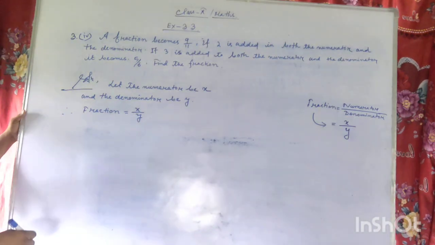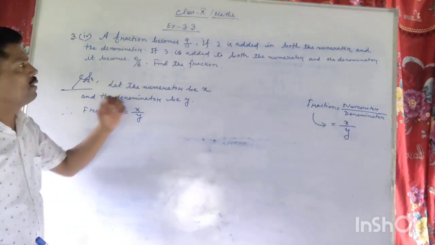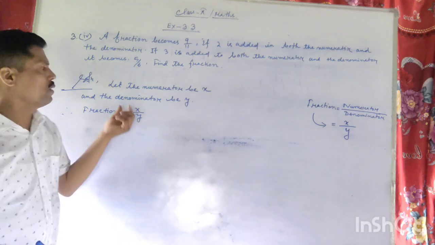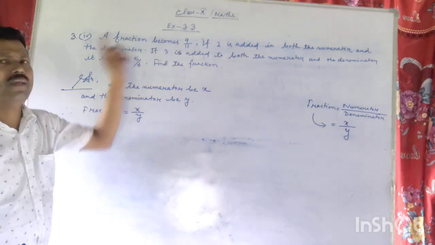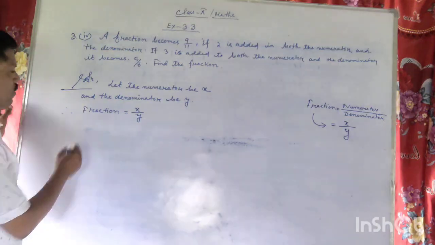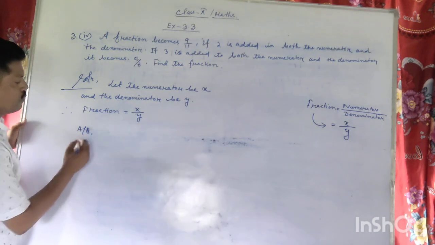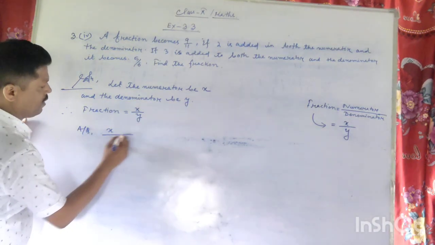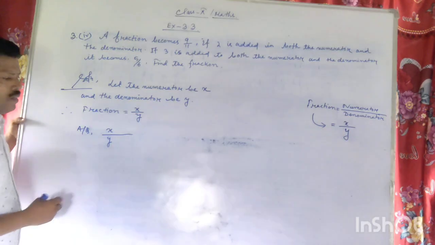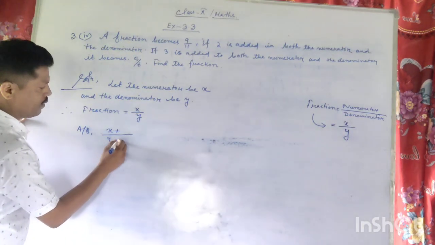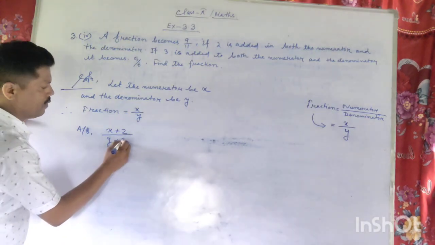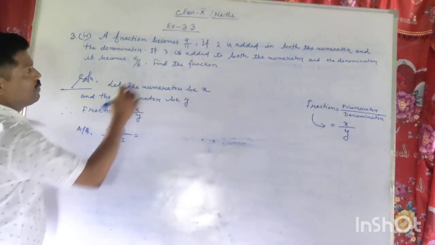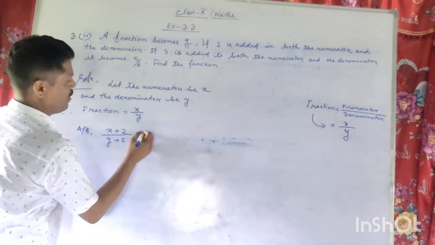Now what is written here? If 2 is added to both the numerator and denominator, then the fraction will become 9 by 11. So according to the question, the numerator is x and the denominator is y. We have to add 2 to both. Then x plus 2 by y plus 2 is equal to 9 by 11.